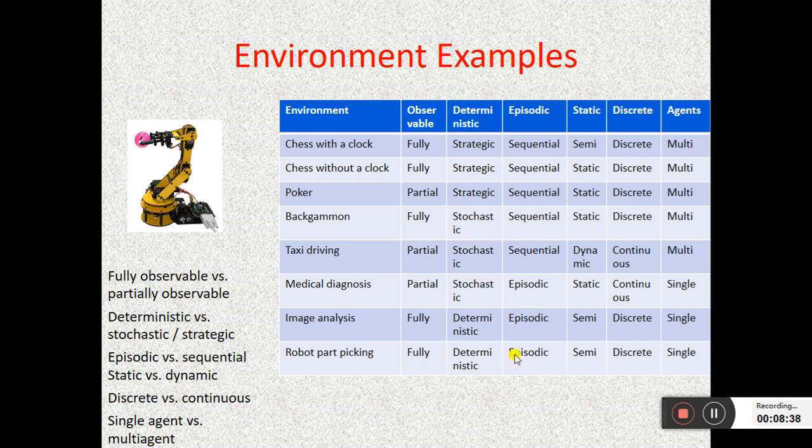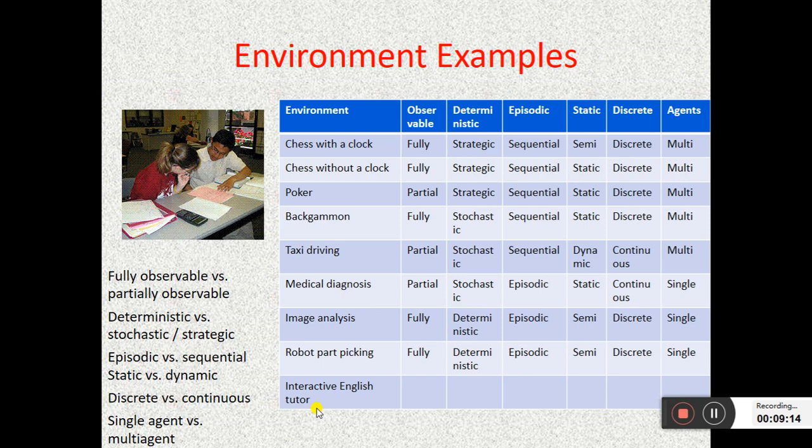Yes. This is static? No, this is semi. Sometimes the actuator or the arm of the robot will stop. Sometimes it will move. So this is semi-static. Discrete. Yes, this is discrete. Either it has value 1, either the arm is moving or it is static. This is single agent. You can see only one ball picking and only one robot is shown in this picture.